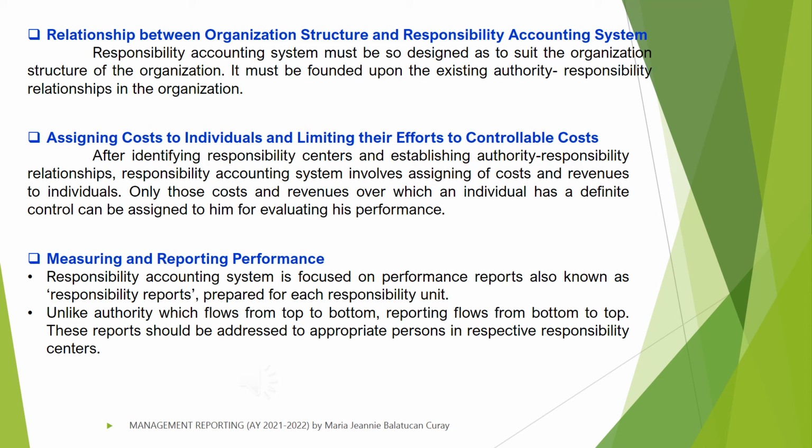Those variances that are uncontrollable at a particular responsibility center should also be mentioned separately in the report. To be effective, the report should be clear and simple. You may use diagrams, charts, illustrations, graphs, and tables to make them attractive and understandable.